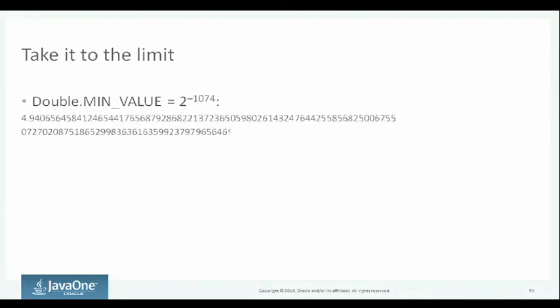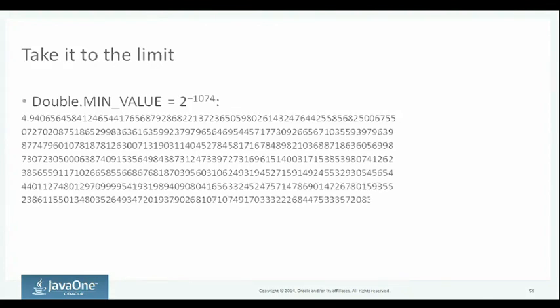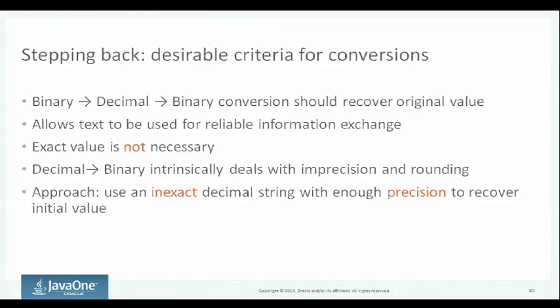It starts out 4.94 and it goes on for a while, and it's actually not done here. It keeps going and it's going some more. Even without the leading zeros, which we've left out, there are 751 digits in this digit block. So that's a little awkward to work with. If you wanted to print out a value with a format specifier, you need a whole page to print this out. So we don't want to do this. We want to do something else instead.